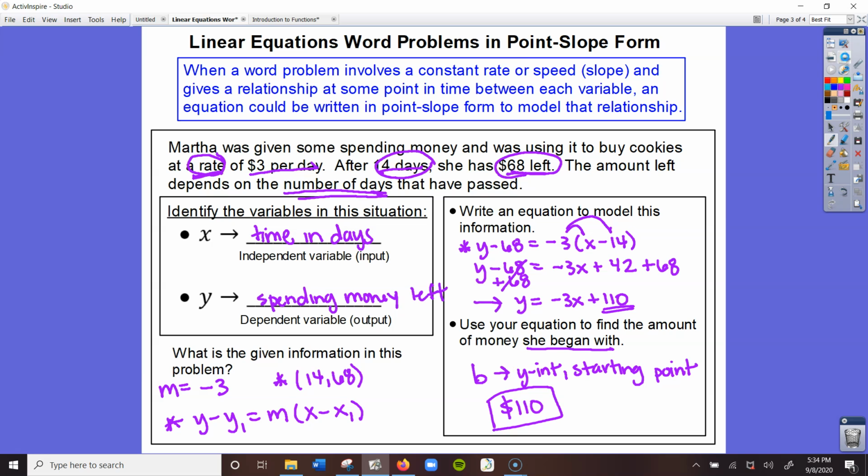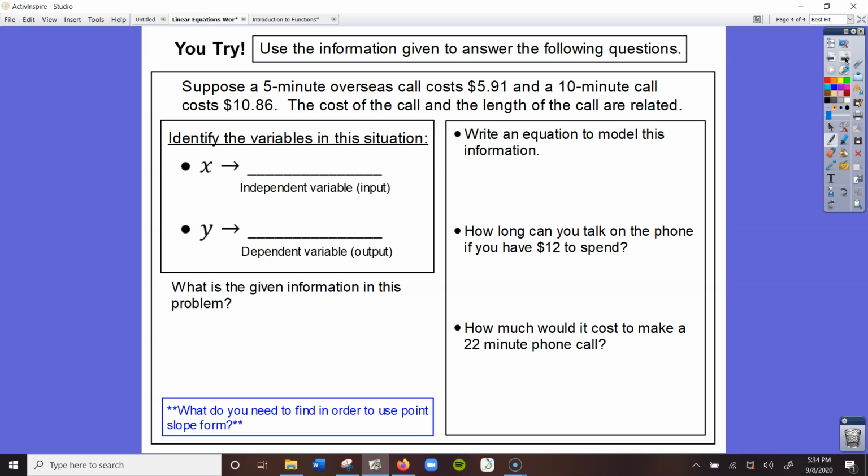In our final example, let's see how to determine our independent and dependent variables. It says, suppose a 5-minute overseas call costs $5.91 and a 10-minute call costs $10.86. The cost of the call and the length of the call are related. These are your independent and dependent variables. Now, the length of the call is going to affect how much the call costs.